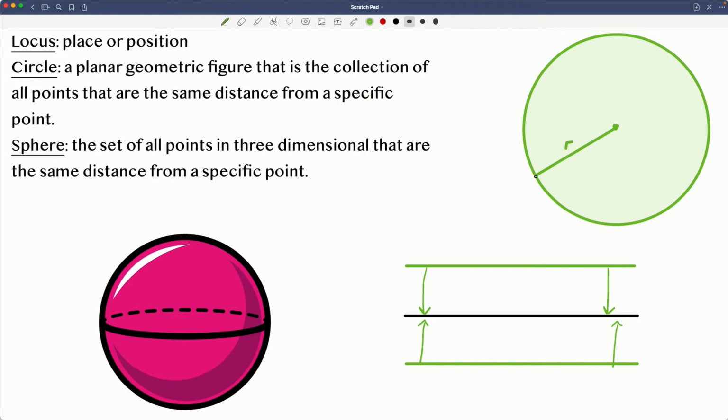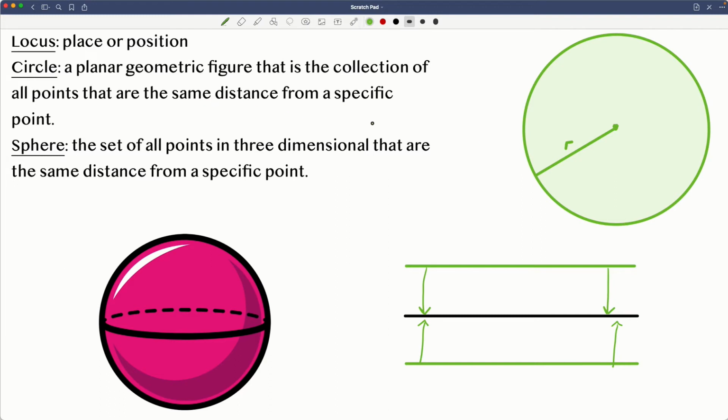Now, what we haven't talked about up until now, and what you may not realize, is that the collection of points that are made up by the length from the center of the circle to the end of the radius, that collection of points, that is what our circle is. And if you think about it, you'll understand that as being true, that the definition of a circle is the planar geometric figure. Planar means two-dimensional. That is the collection of all points that are the same distance from a specific point. So the radius specifies the same distance here.